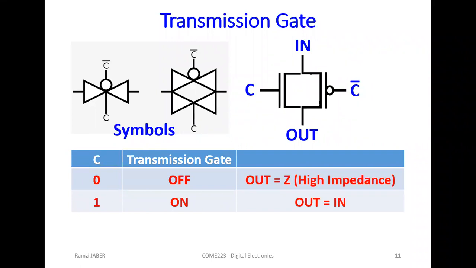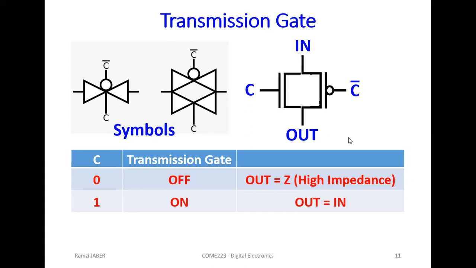The problem in the transmission gate is when C equals 0: the N channel is off, C bar equals 1, so the P channel is off. With the P channel off and the N channel off, the transmission gate is off. Here, no circuit, nothing here.